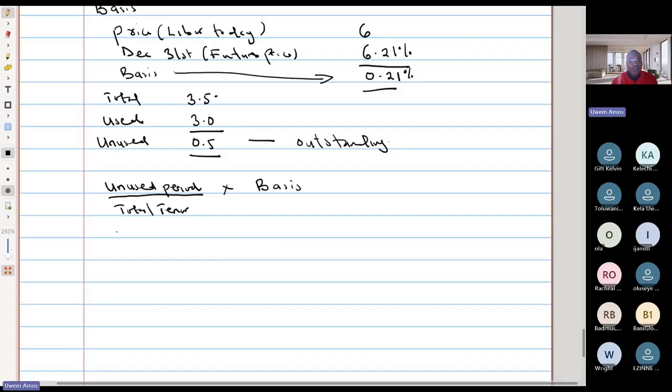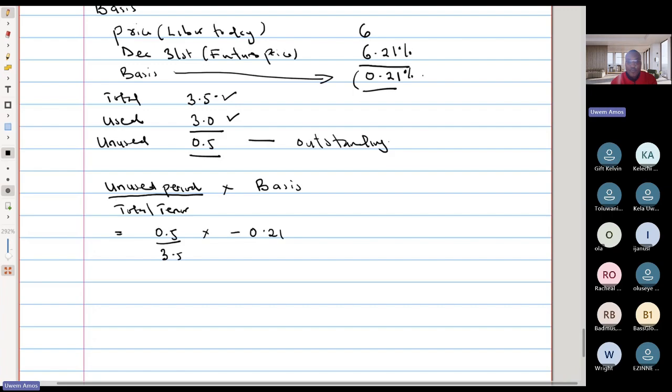So what is our unused period? Out of the 3.5 months, we're going to hold it for 3 months up to December 16, when we need to borrow. So we have unused of 0.5. The total from the beginning to the end is 3.5, multiplied by minus 0.21.